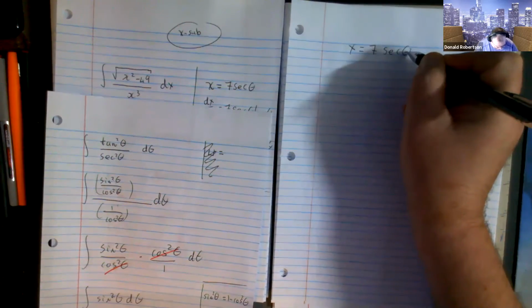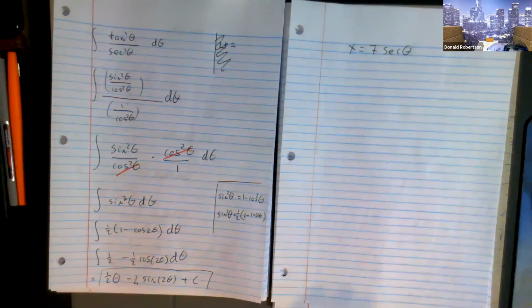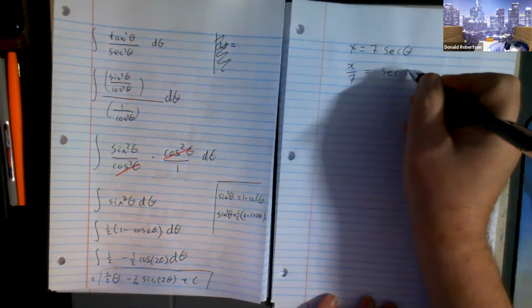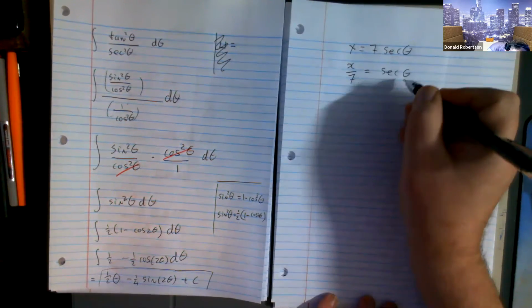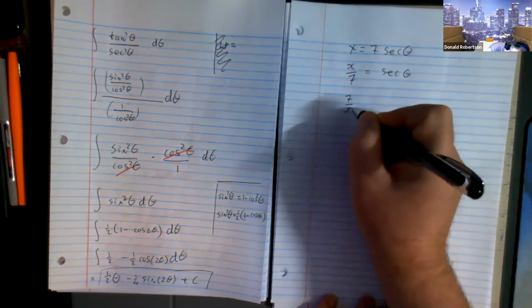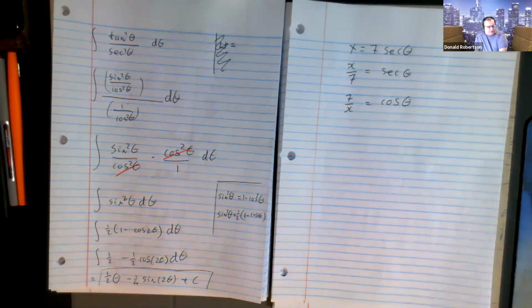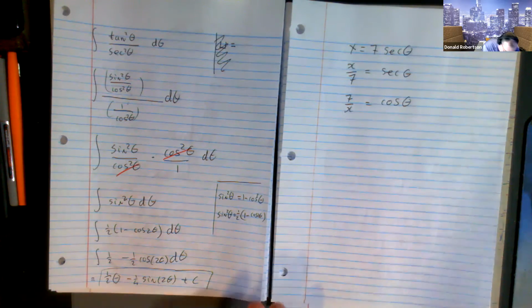and this is going to create a triangle. Divide it to get that, and then I know that a secant is 1 over a cosine. So what that tells me is that cosine is 7 over x. If the secant is x over 7, the cosine is 7 over x. We build a triangle.